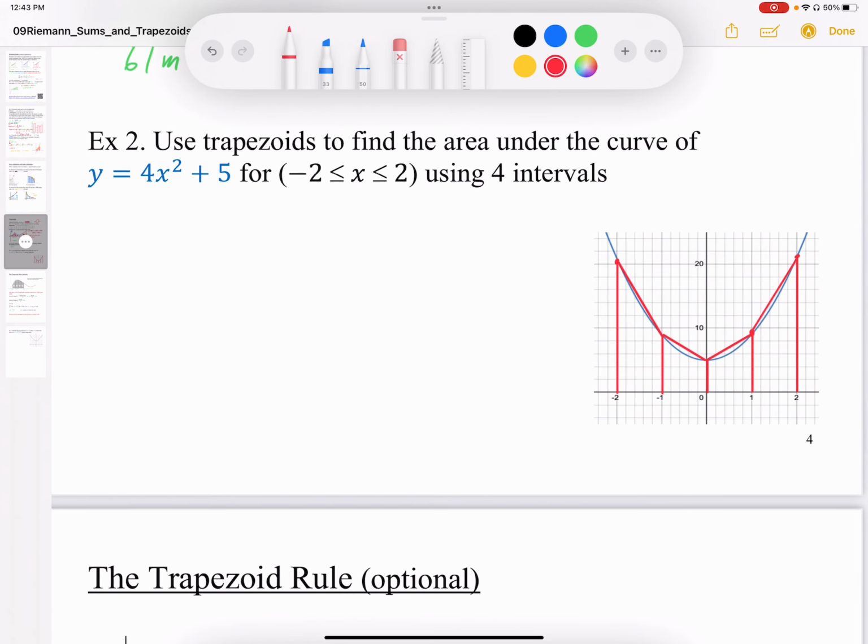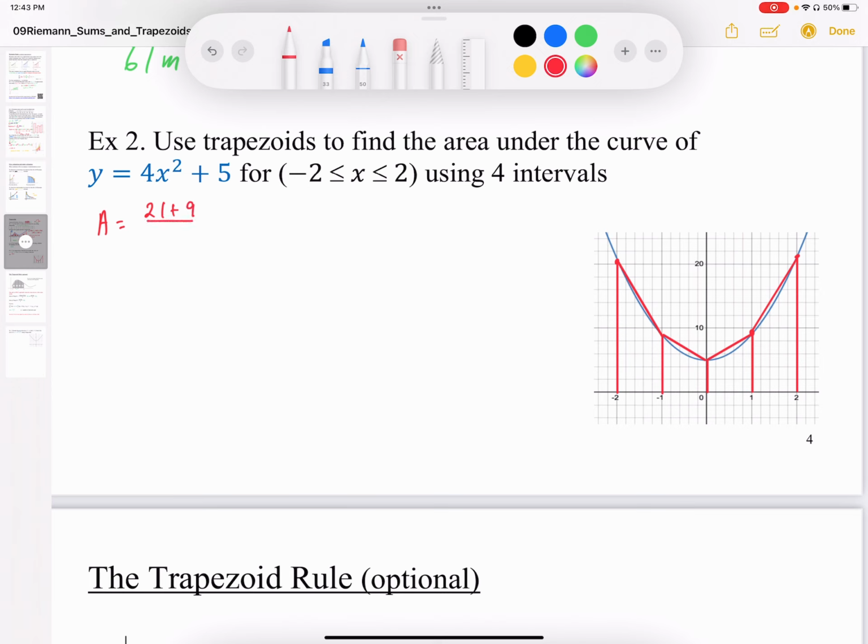And then we're going to use the trapezoid formula to calculate the areas. So the area is equal to, the first trapezoid is going to have a height of 21. So I plug in x is -2. So I get -2 squared times 4 is 16 plus 5. So that's going to be 21 plus, when I plug in -1, I'm going to get a y value of 9.